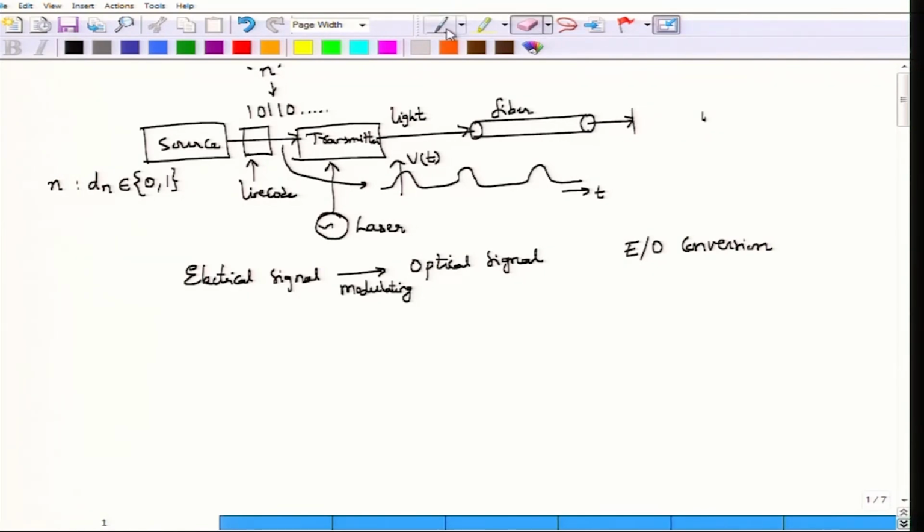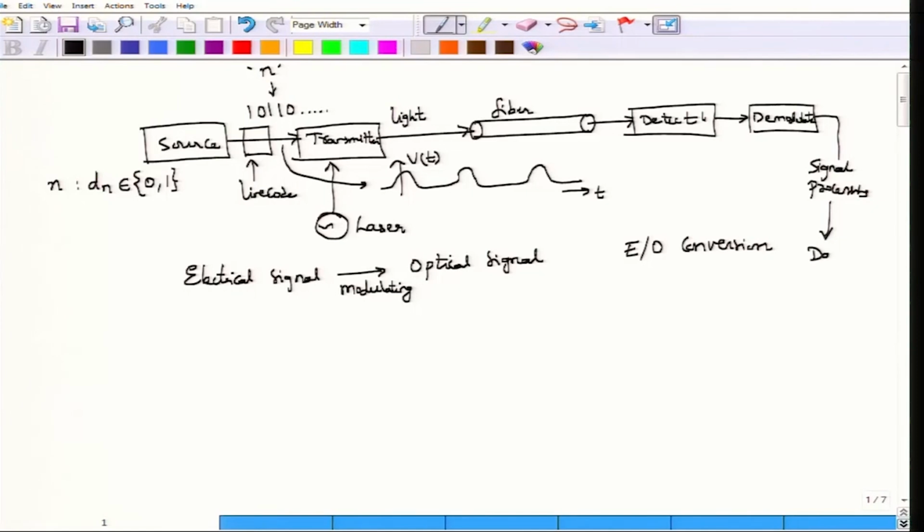Detection means detecting the parameters of light, which most often means detecting phase or amplitude or power. So, you first have to detect by using a photo detector, then demodulate to obtain the appropriate signal which has been the transmitted signal. You could of course do some signal processing here and then finally retrieve the data symbols. So, you finally have the data symbols which have been transmitted.